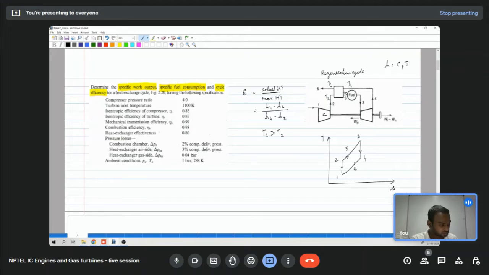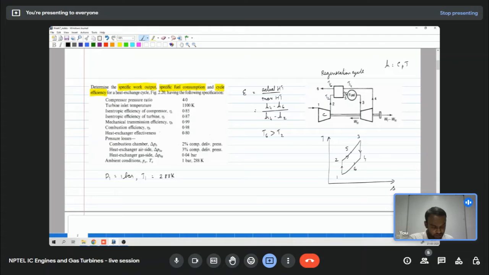Now we know the state at 1, so P1 is 1 bar, T1 is 288 Kelvin. I will keep on solving for all the points. So then later finally we can calculate the work output and the fuel consumption.